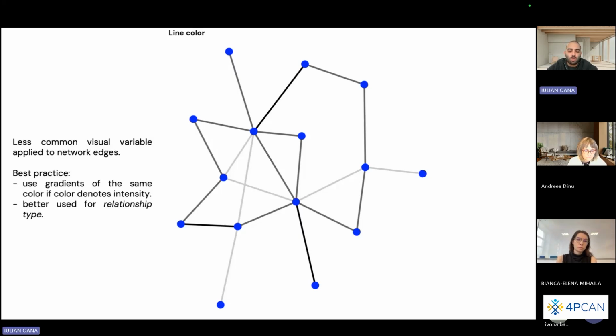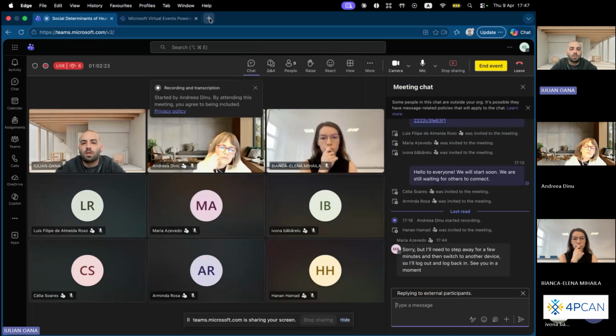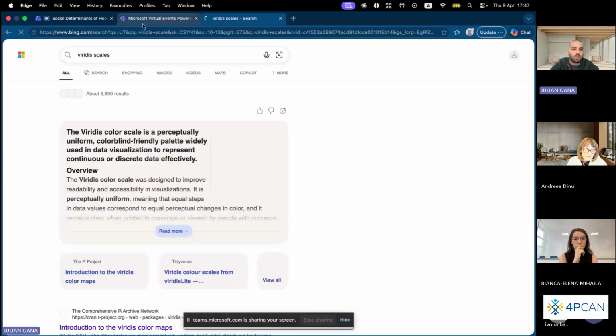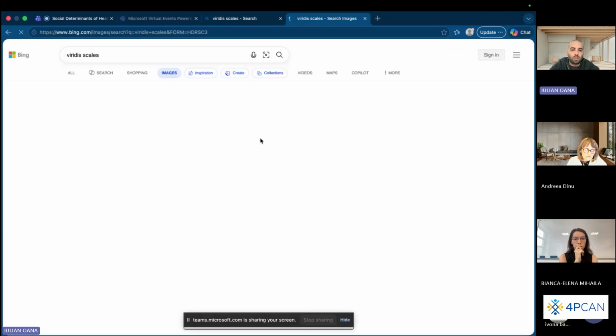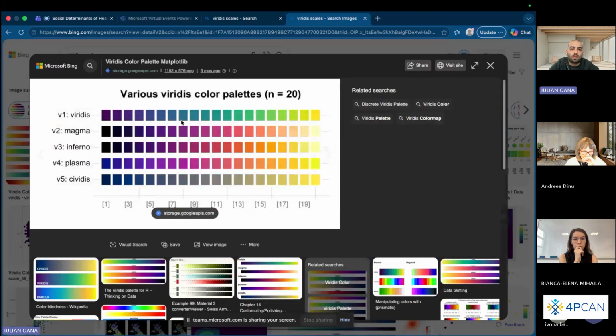Or you can use other color scales, for example, the continuous Viridis scale, because it can go through these various color palettes, from yellow to some dark blue with various shades of green.